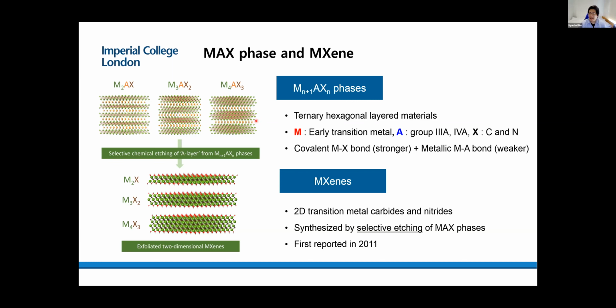Further, we can exfoliate each layer by ion or molecular intercalation and also ultrasonication. MXene was first reported in 2011, and now it has been 10 years, but there are still many things to be explored.